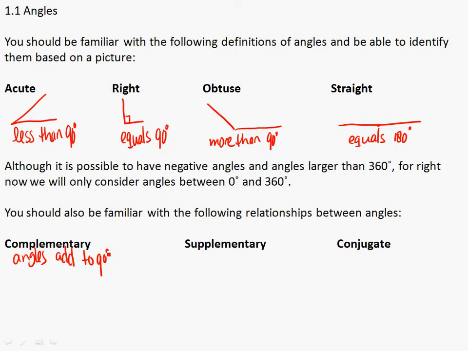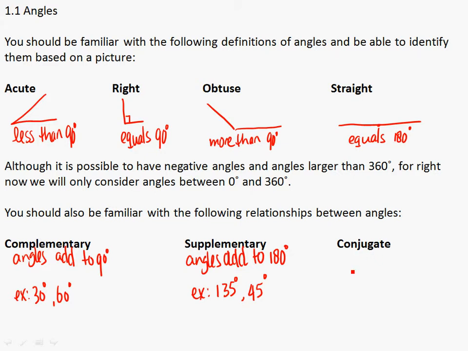So 30 and 60 are complementary. Supplementary would be when the angles add to 180. So 135 and 45.